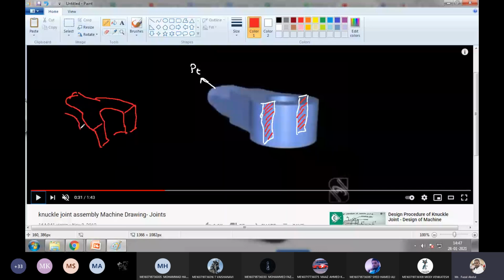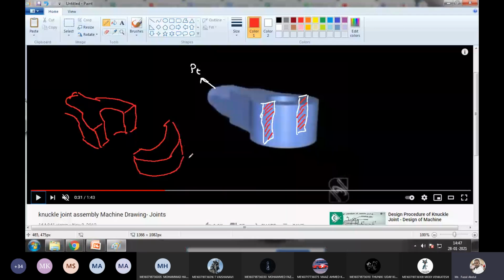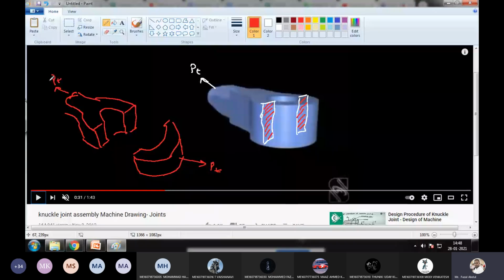In this manner it is going to fail. The half portion will appear here, so it will come outside due to the applied load. The failure area I'm drawing here. This one is the failure area.